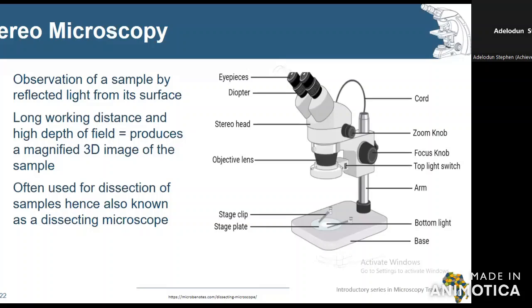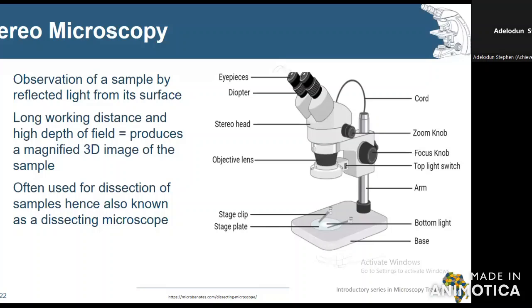Normally it uses incident and reflected light to produce a magnified image of the sample. Now, one thing that is so unique about the stereomicroscope is that it has a light source from the bottom, and it also has another one from the top.